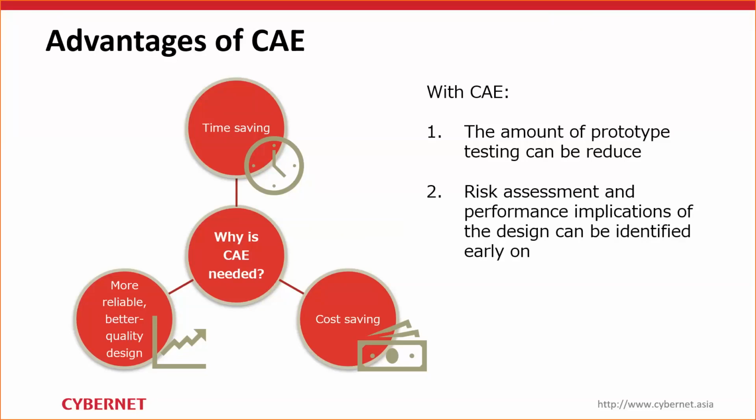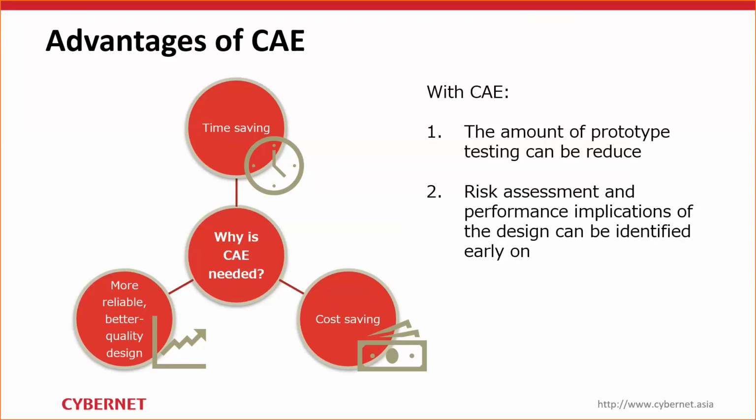Next, with CAE, the risk assessment and also the performance implications of the design can be identified earlier on. CAE can provide these performance insights earlier in the development process, when design changes are less expensive to make.